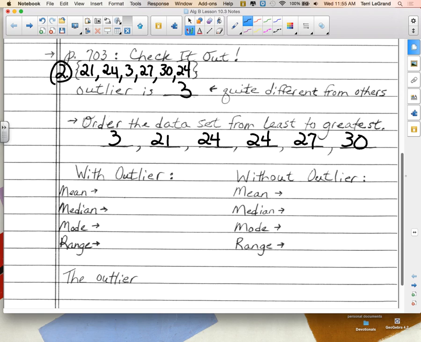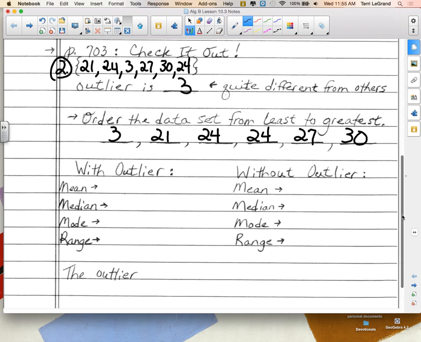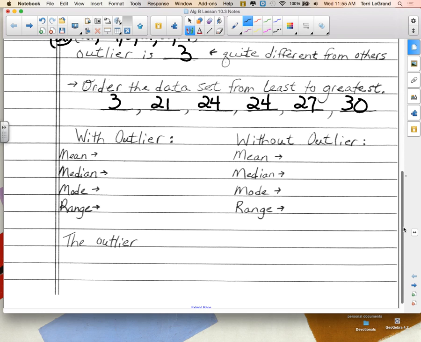Okay, now I want you to do the first column. In other words, we're going to figure out all of those measures of central tendency, leaving the 3 in there, saying, you know what, 3, you can be a member of us. Okay, and I want you to find the mean, the median, the mode, and the range. We just practiced that up above. Remember the work you got to show.